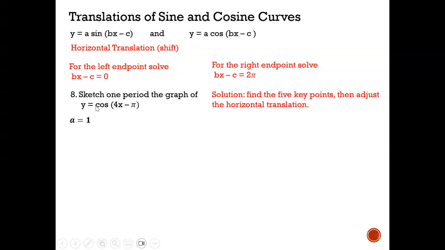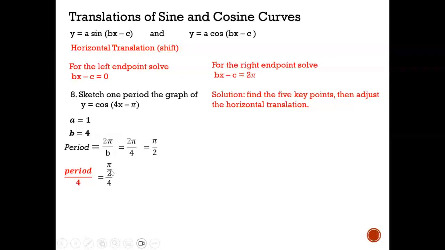So my A is going to be 1, because there's a 1 there, and my B will be 4. So my period is 2 pi over B, so my period will be 2 pi over 4, which will be pi over 2. So we're going to count, we start from 0 and count by pi over 2. No, my bad, guys.